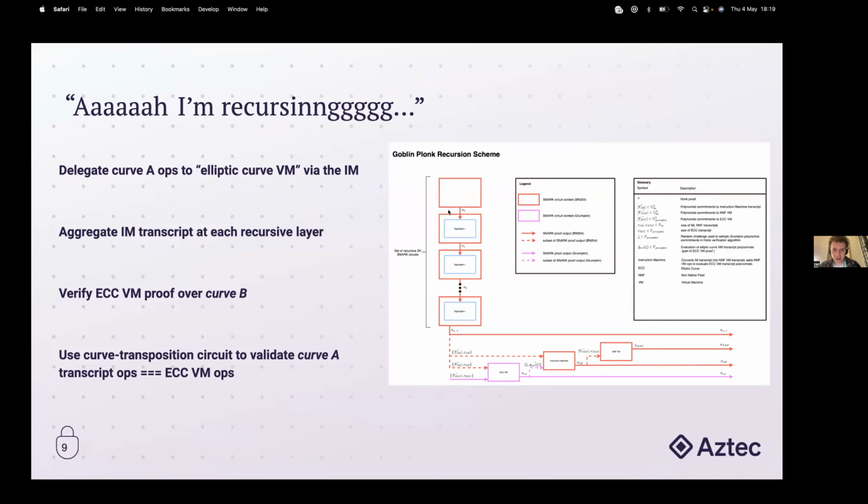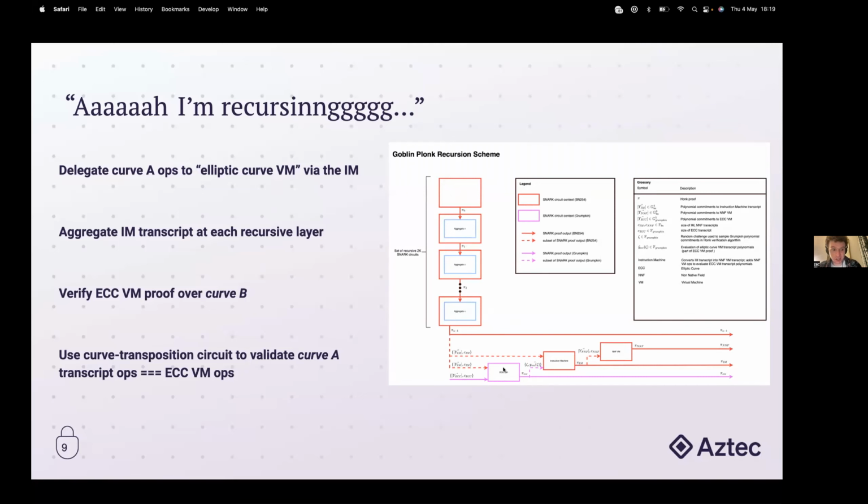Then at each recursion layer, you aggregate the instruction machine transcript produced at the current layer with the previous aggregated transcript. At the very end of the recursion stack, you provide a proof of correctness for a transcript to the elliptic curve virtual machine.